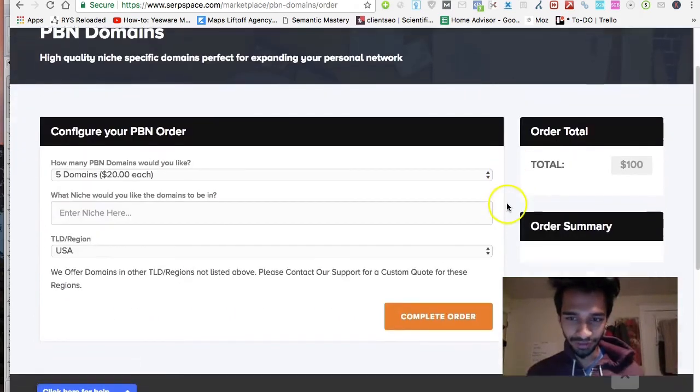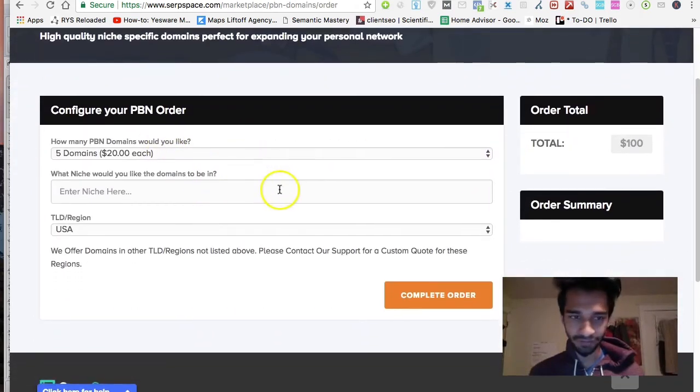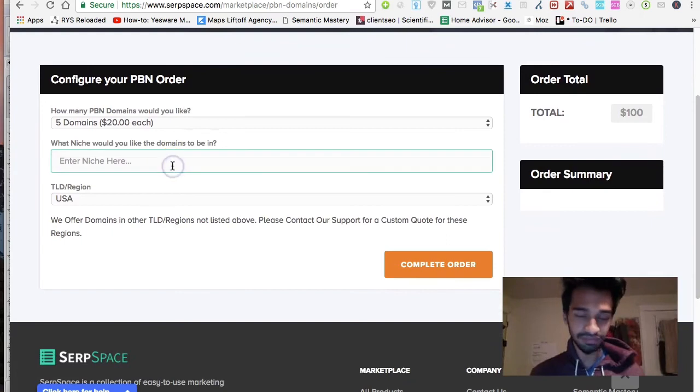Alright. No, I just buy 5 by 5, right? Okay, this is the beautiful part about this thing, right? I don't know any other places that do this, but you can literally say what niche you would like the domains to be. But it's not the normal niche that other providers do. Other providers go like, you can do business, you can do healthcare, all general.